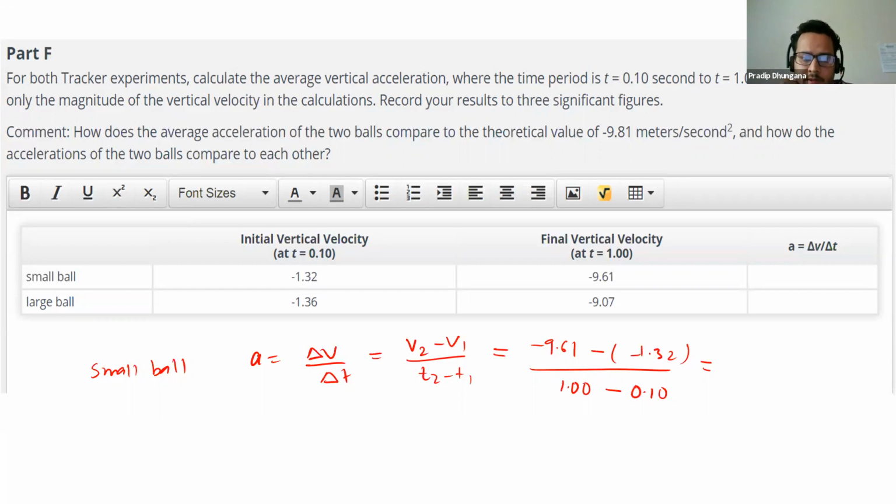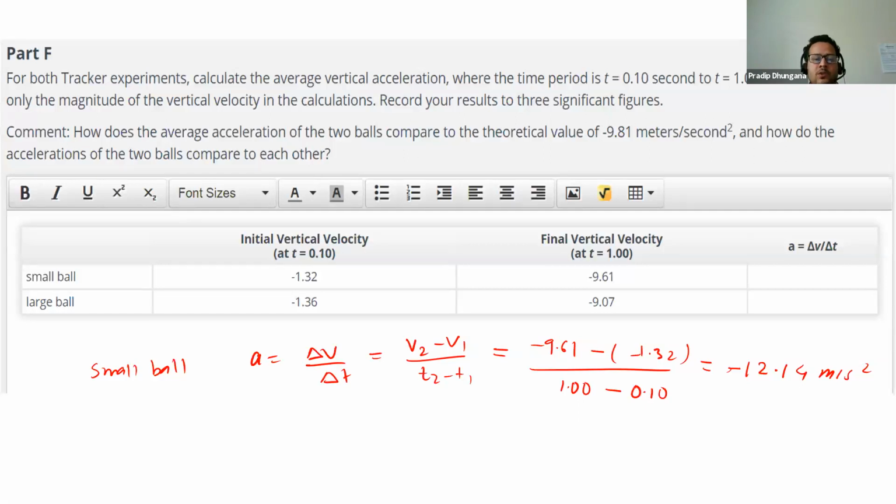Let me think about it. Initial vertical velocity, final, time. So I got around negative 12 point something here, 12.14 meters per second squared. Okay.